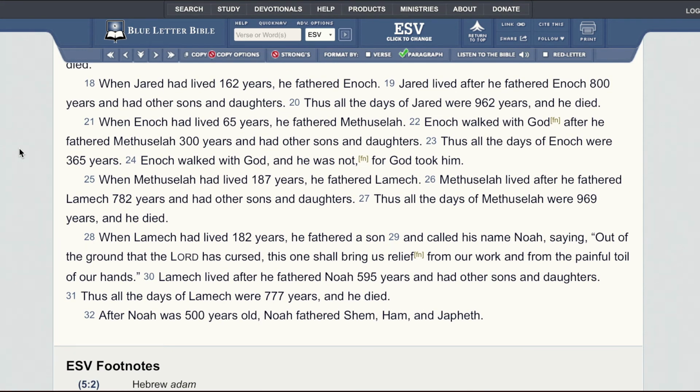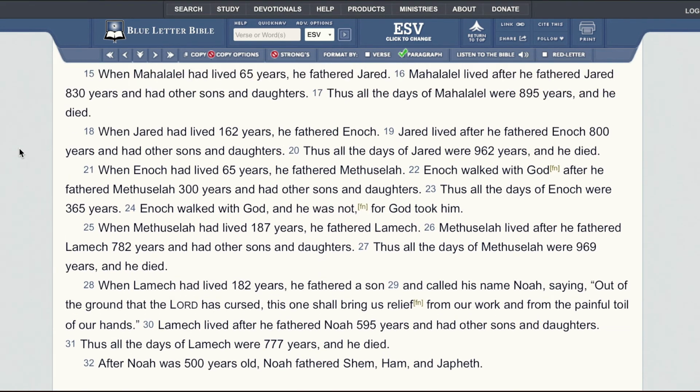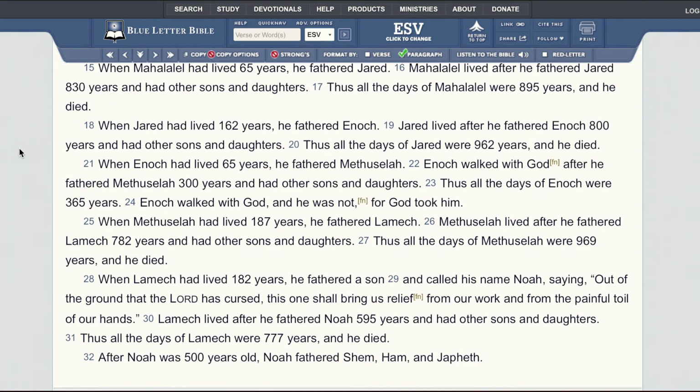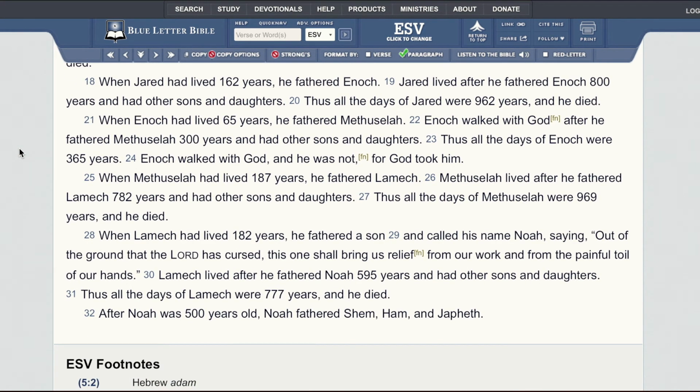When Jared had lived 162 years, he fathered Enoch. Jared lived after he fathered Enoch 800 years and had other sons and daughters. Thus all the days of Jared were 962 years, and he died.